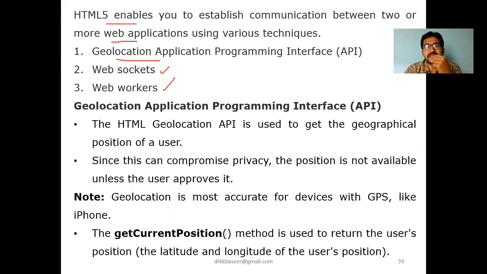Let me see the first technique, the geolocation application programming interface. This GAPI gets the information geographically. Geographically, in the sense, the best example is your current GPS location.